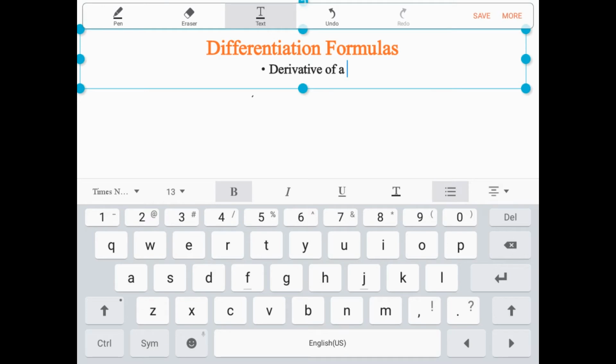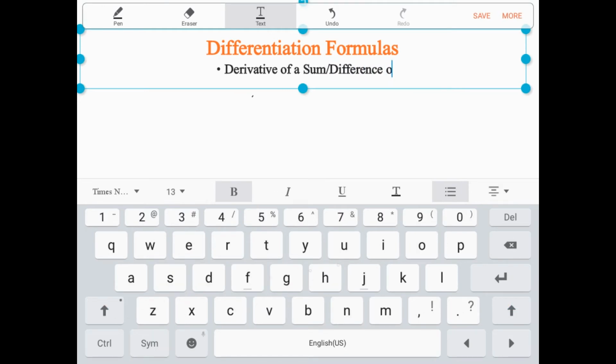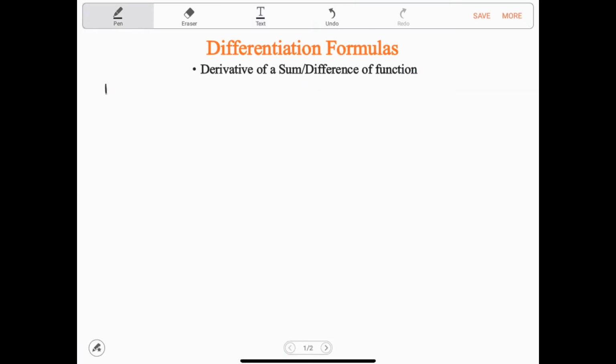Next differentiation formula is the derivative of the sum and difference of a function. If h of x is equal to f of x plus or minus g of x, therefore h of x prime is equal to f of x prime plus or minus g of x prime.